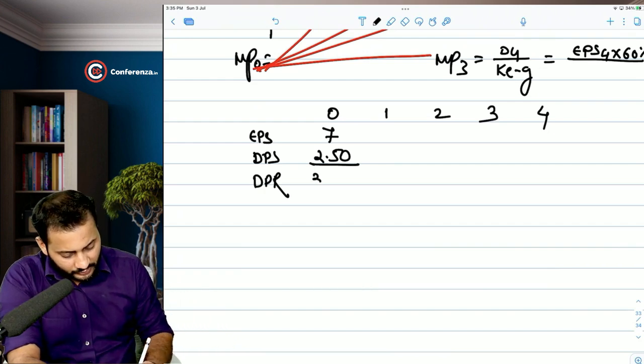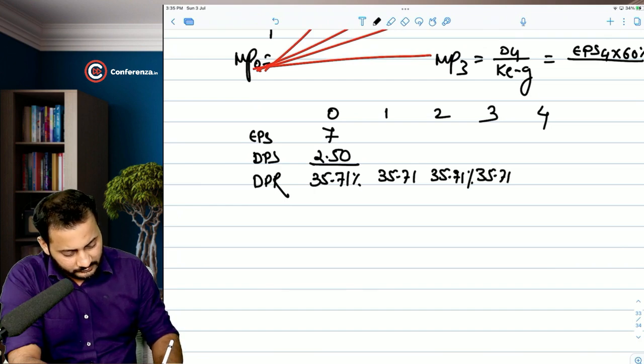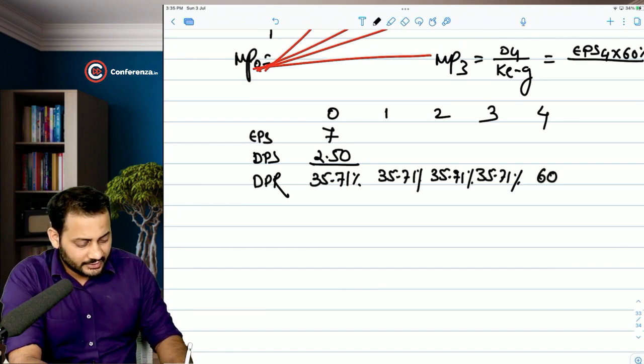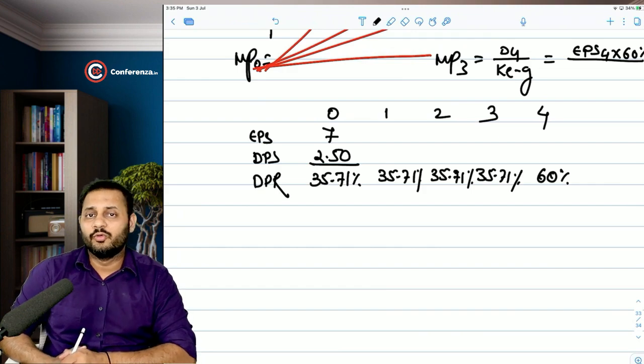That comes down to 35.71%. And they say that it is going to remain same for the next 3 years. Okay. But it will increase to 60% from 35.71 from 4th year onwards.